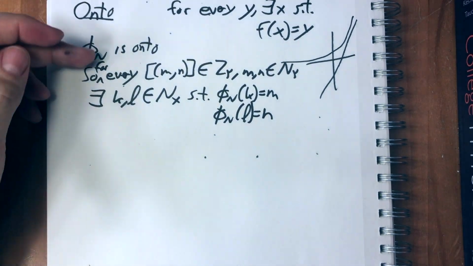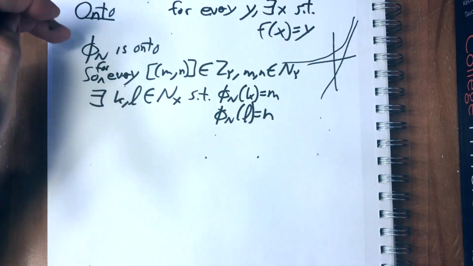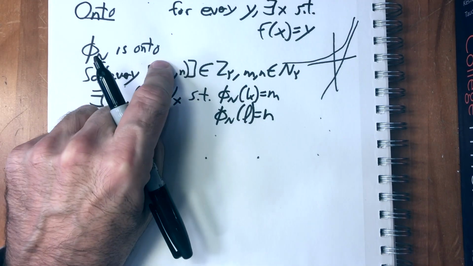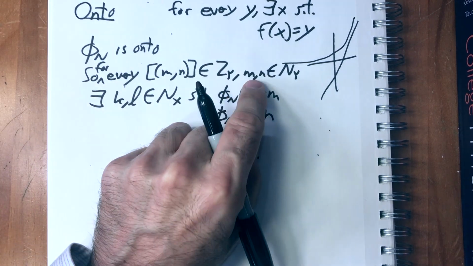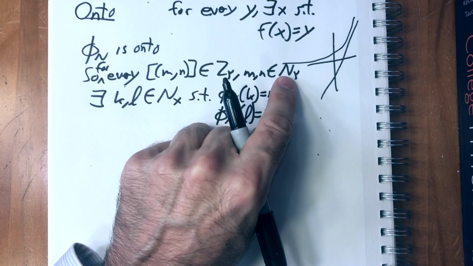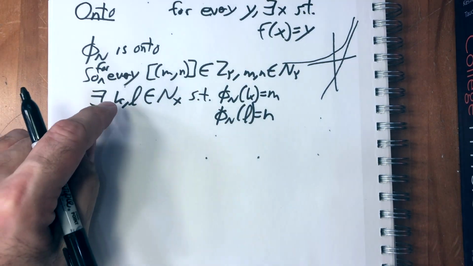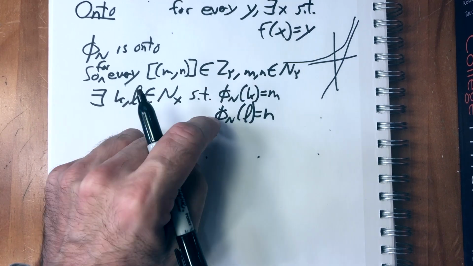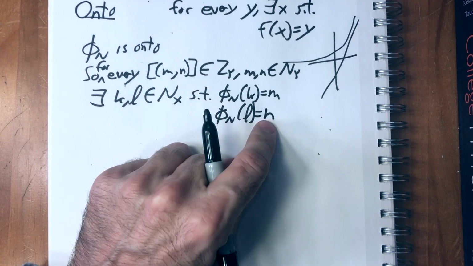So what I'm saying here is that because the phi of the natural numbers is onto, then for every one of these pairs of numbers in y, so we have an m and an n in the naturals. For every m and n in the naturals, there's going to be a k and an l in x such that there's a phi from k to m and a phi from l to n.